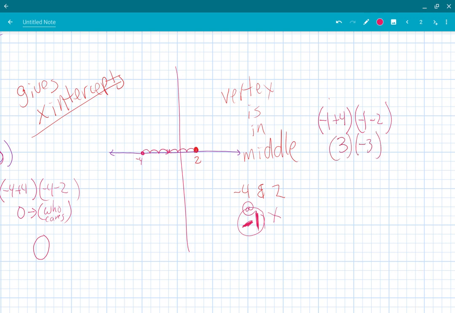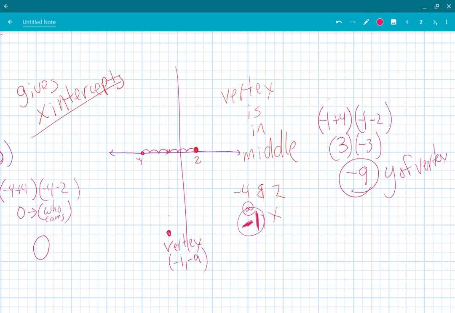So what's 3 times negative 3? And this is the y. All right, so it's negative 9, right? 1, 2, 3, 4, 5, 6, 7, 8, 9, right down here. Vertex. It's negative 1 comma negative 9.